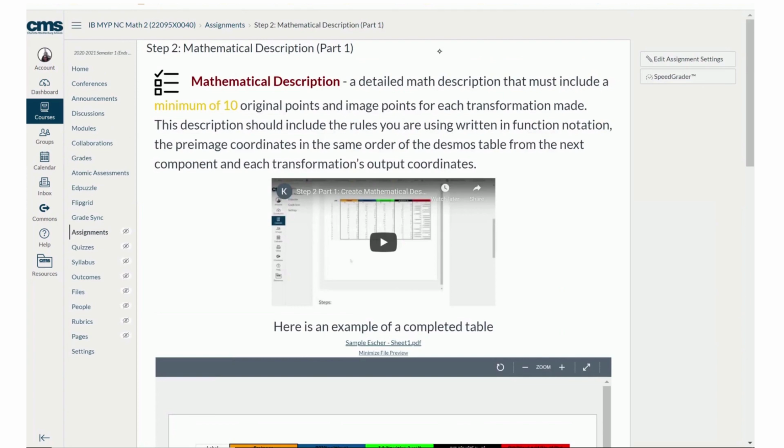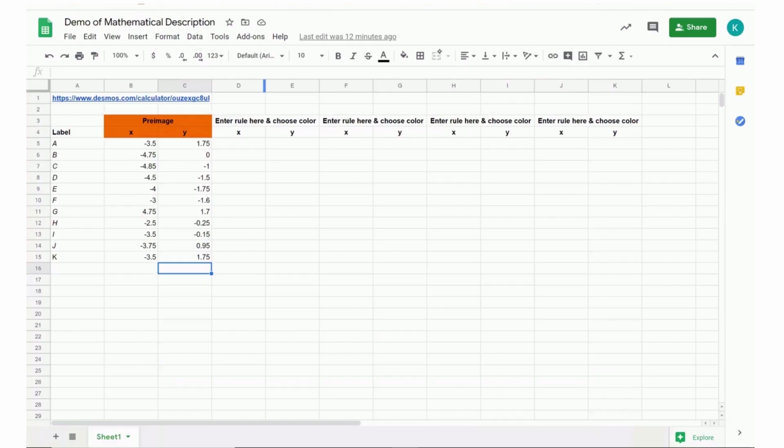And so now, because you completed it, you have a spreadsheet that looks like this, where you have your link for your Desmos here, and you have your pre-image points here. You have added extra letters for extra points that you have. So I have 11 points. So I added the letter K to cover my 11 points. And so now that you have this, you are ready to move forward.